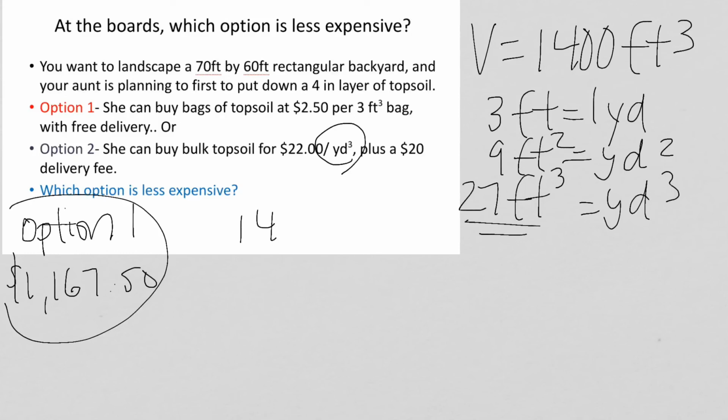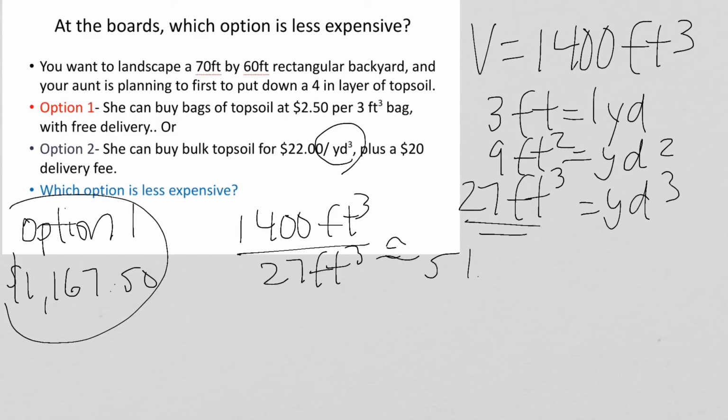So 1,400 feet cubed divided by 27 feet cubed gives us a total of about 51.85 yards cubed.